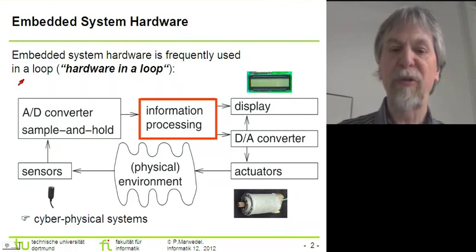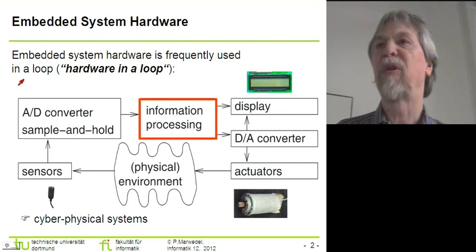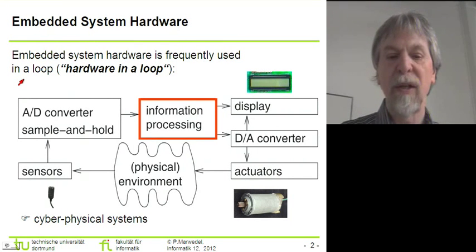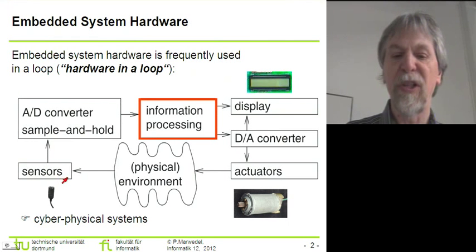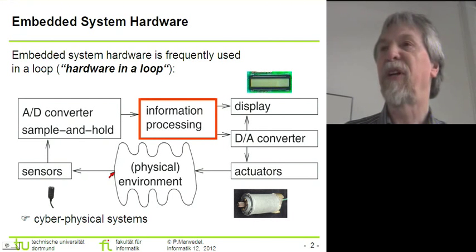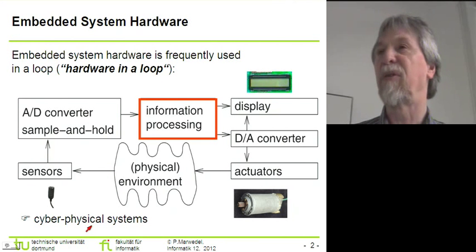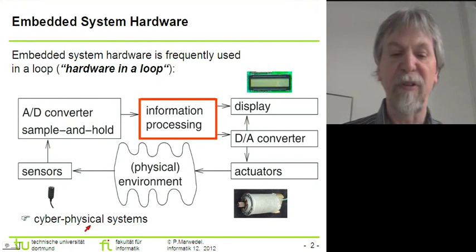You might remember from the last lecture that the different topics that I'm covering in this chapter are structured according to their position in the so-called hardware in a loop. In this hardware in a loop, we are starting with the physical environment. For that reason, we are also calling these systems cyber physical systems.